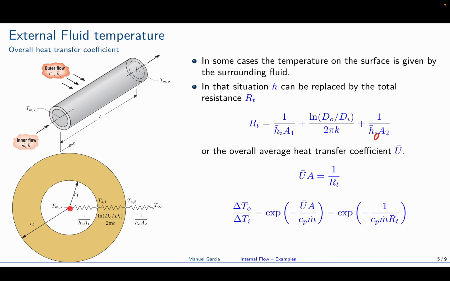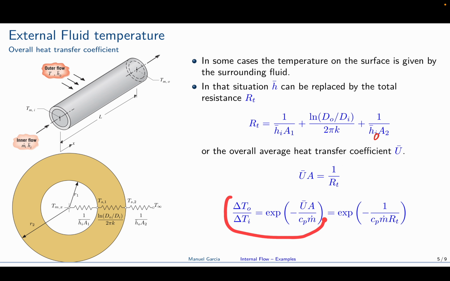The resistance consists of the internal convection, for which we have to find out the convection coefficient, some part that is the conduction in the pipe, and the external convection, which corresponds to external flow, and we need to find out h_o.